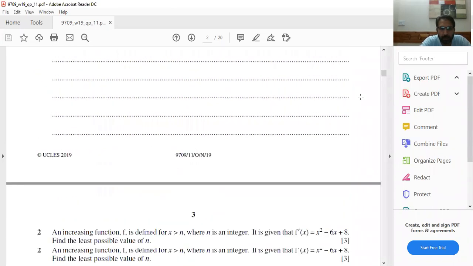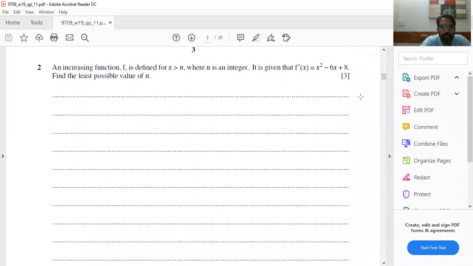This is your question number 2, in which it says an increasing function f is defined for x greater than n, where n is an integer, and it is given that f dash of x is equal to this. So we know that for the increasing function, f dash of x must be greater than 0.